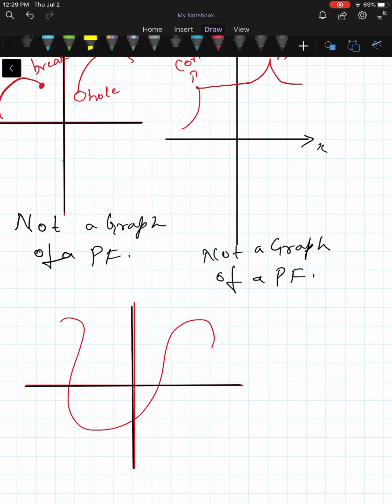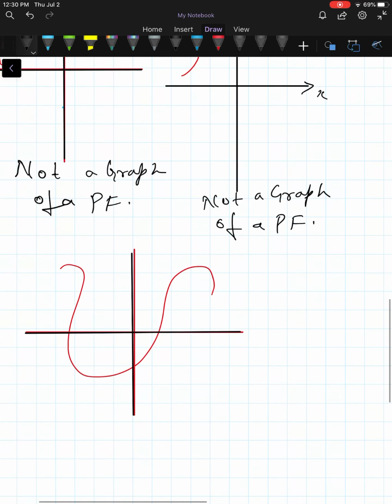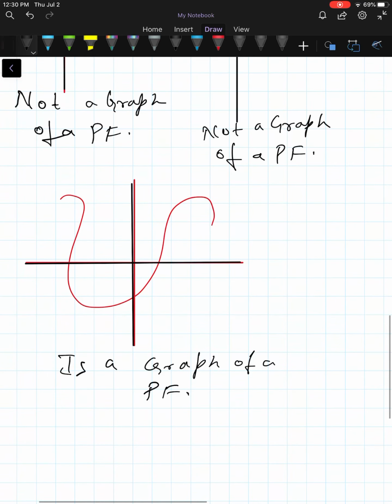The red line represents the graph of a polynomial function. This is definitely a polynomial function because there are no breaks, no holes, no corners, and no cusps. So this is how you identify a graph of a polynomial function.